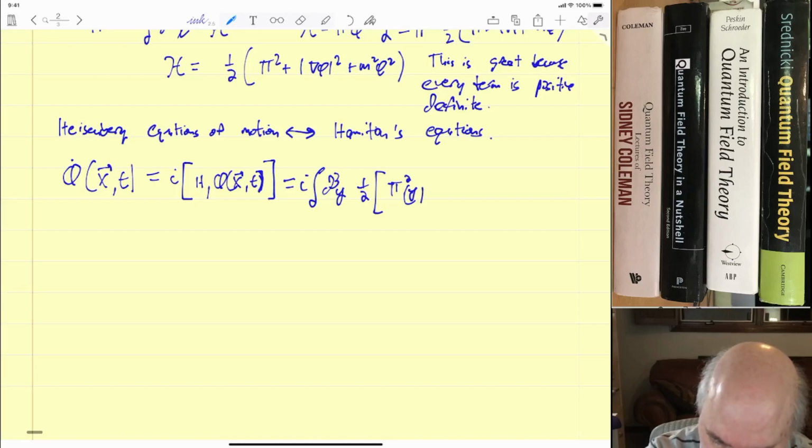Since we're taking the commutator with phi, the only thing we have to worry about is pi's, because phi's commute with phi's. So I get pi squared of y, and this should be a y comma t.